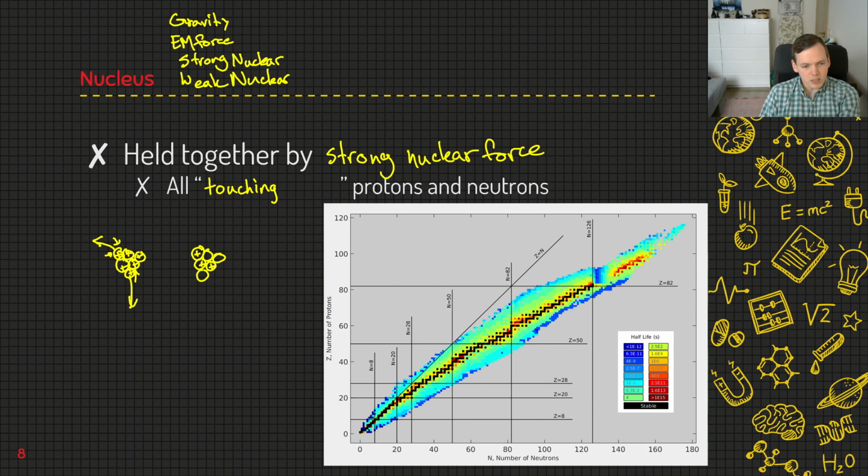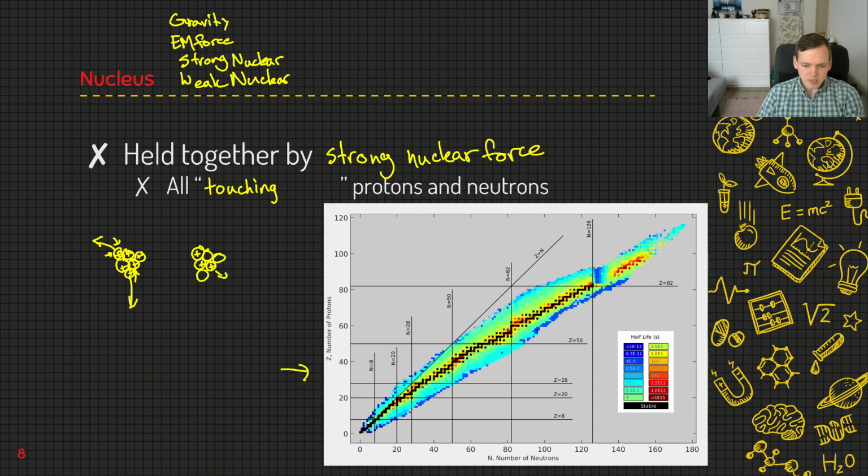Now this proton is being pushed by 2 protons, but it's being held by 4 particles, 4 nucleons. And so that means that we can essentially get less push for the same amount of stickiness, because not all of these nucleons are pushing away.